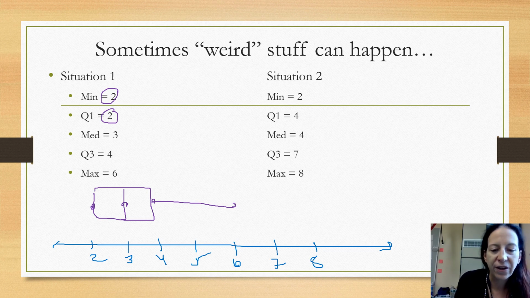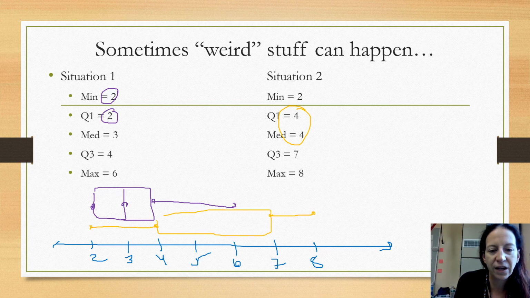The other weird thing is this one over here, where you can have your minimum, your first quartile, and then your median is the same as your first quartile. And then we have the 7 and the 8. So we draw a line from the minimum to the first quartile, and here's the third quartile to the end.